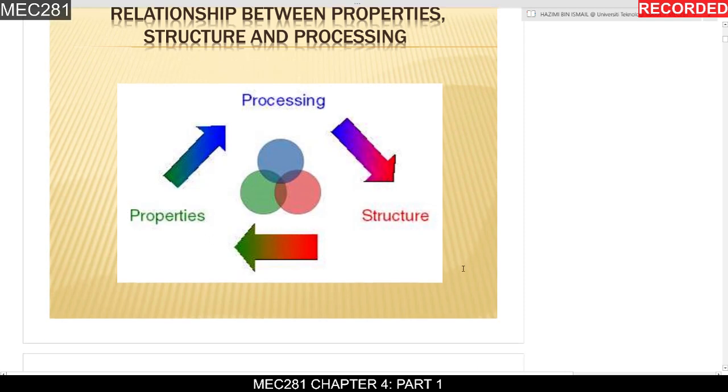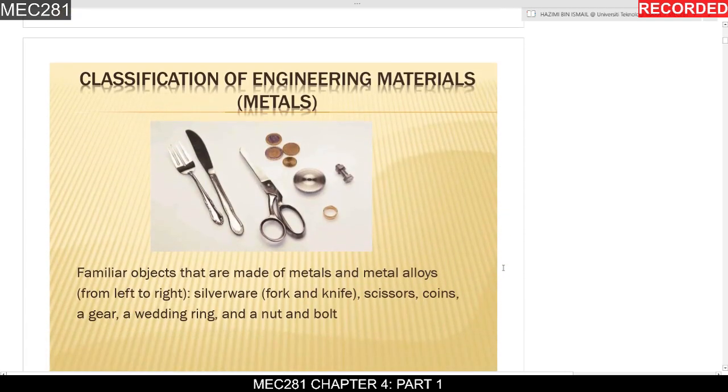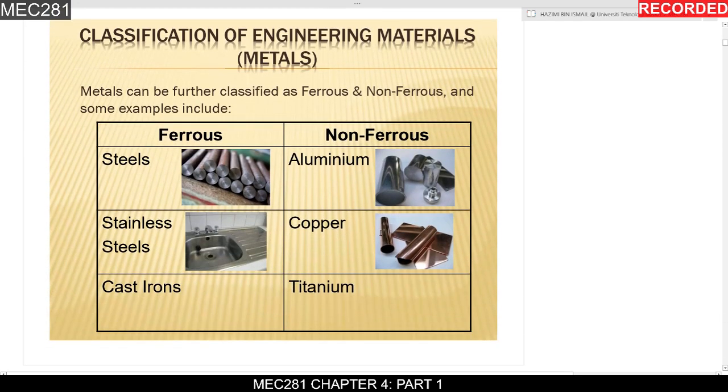Okay, so on the next slide, we are already familiar with objects made of metals and metal alloys, such as in this picture: the fork, knife, scissors and so on. This is based on metal materials. The metal itself can be classified as ferrous or non-ferrous.